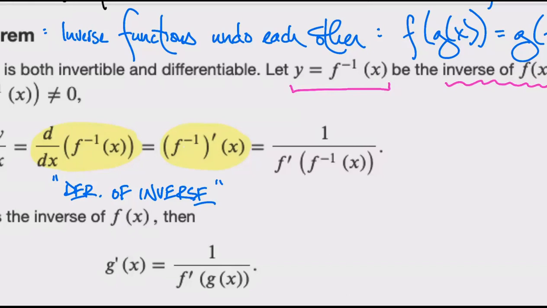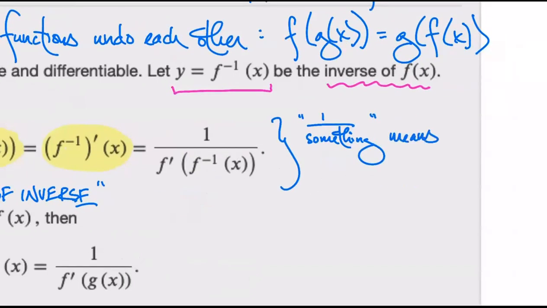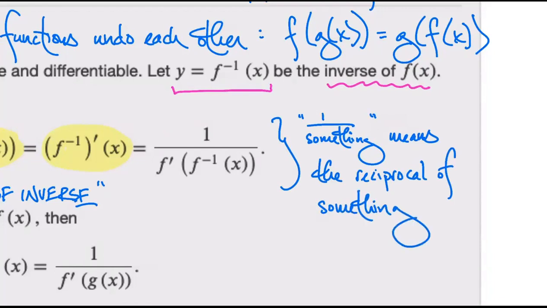Got a lot of great ideas. Okay, so we have the 1 over, okay? So in general, 1 over something means the reciprocal of that something, okay? And I feel like that's such a small thing, and yet sometimes we forget that when we just have 1 over, that is another way of saying reciprocal, okay?